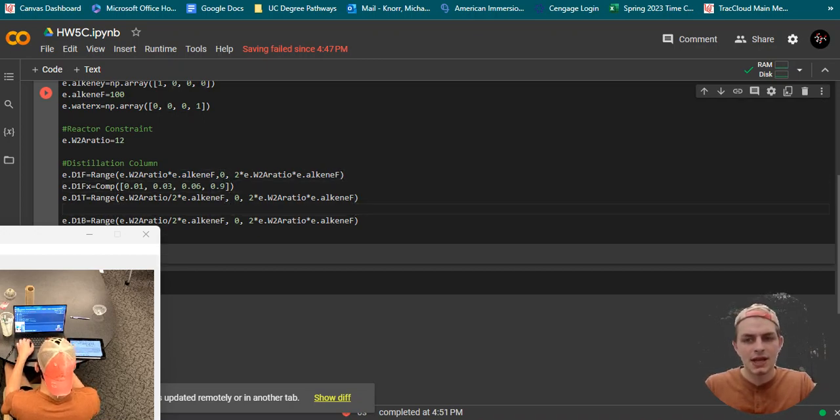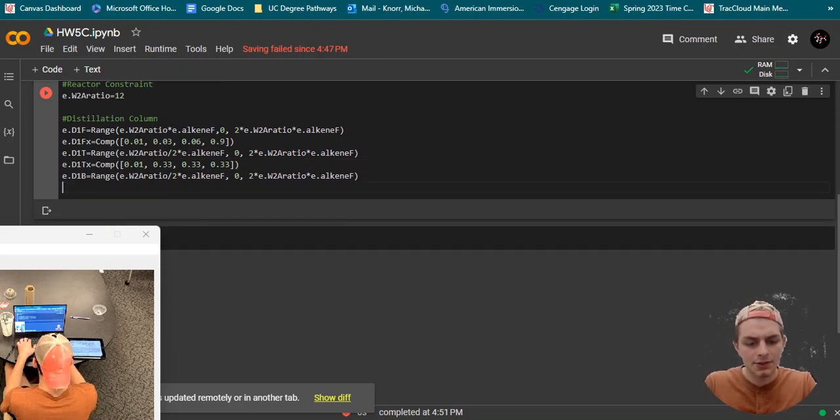And we need to do the same for both the top and the bottom here. So we can say D1 top X and say comp, let's say 0.01, 0.33, 0.33, 0.33. Okay. And then finally we need to go ahead and do that for this bottom here.